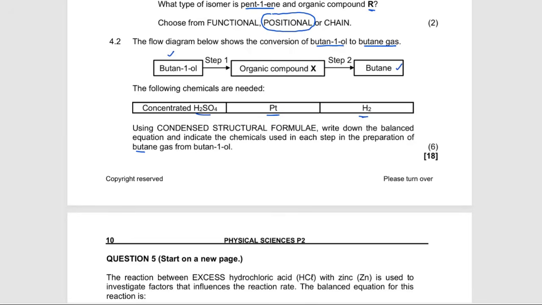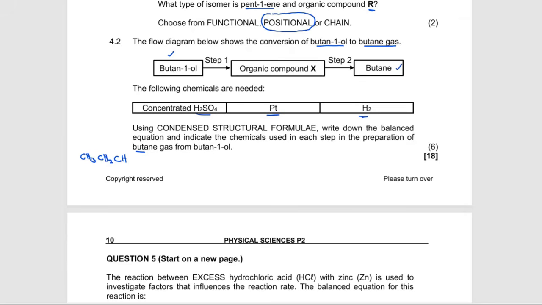What are we supposed to do? We're supposed to use the condensed structural formula, right? So in terms of this, I'm going to say butan-1-ol is going to be CH3, then CH2, CH2, then CH2.